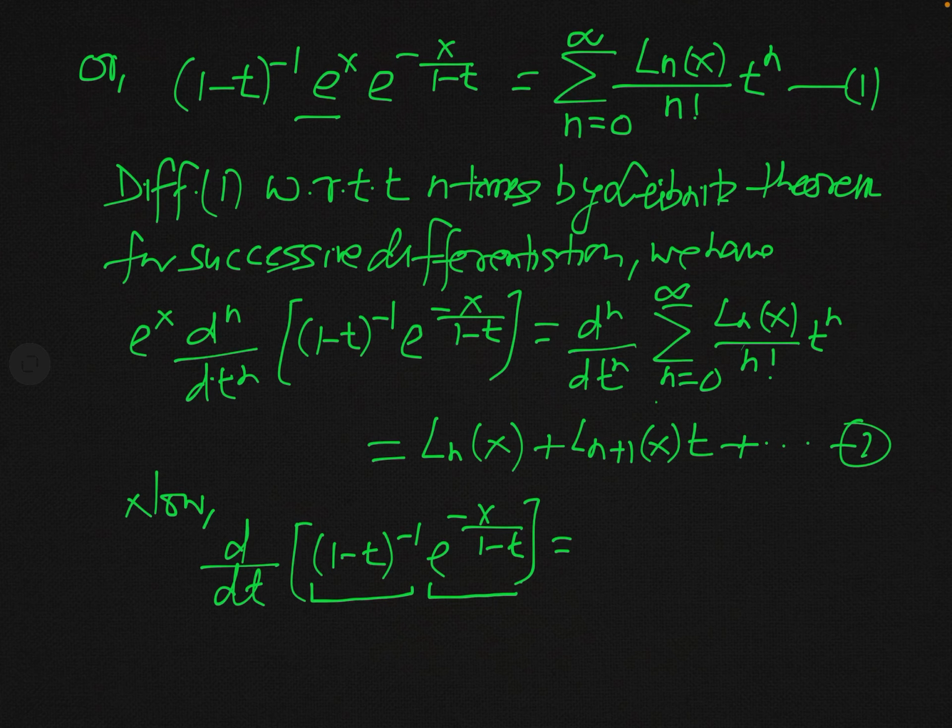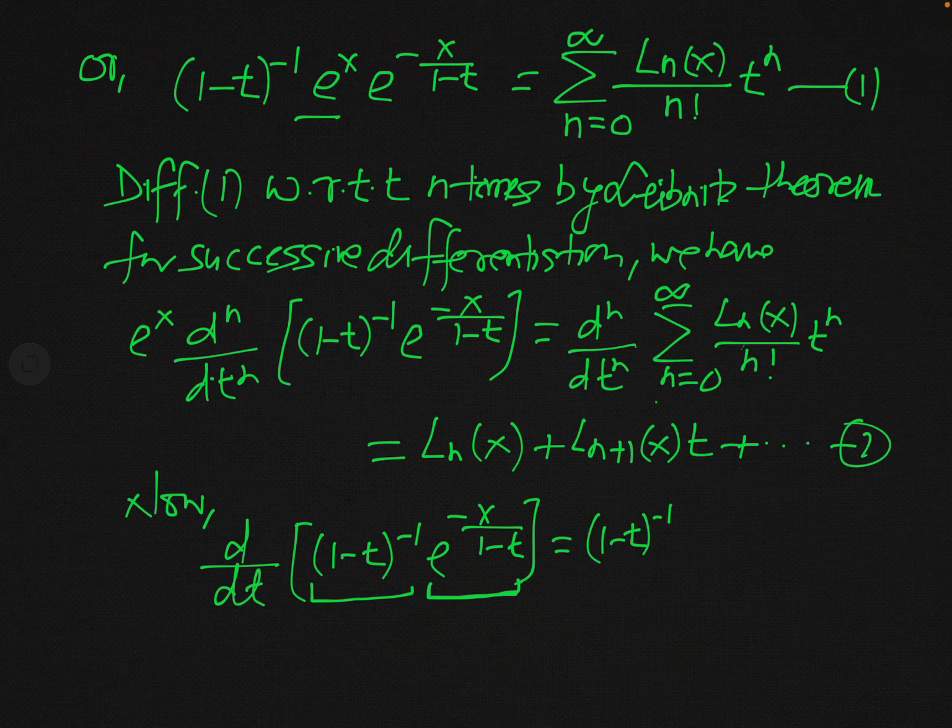So let us take (1 minus t) raised to the power minus 1 as it is, and then we will differentiate the other factor e raised to the power minus x by 1 minus t.